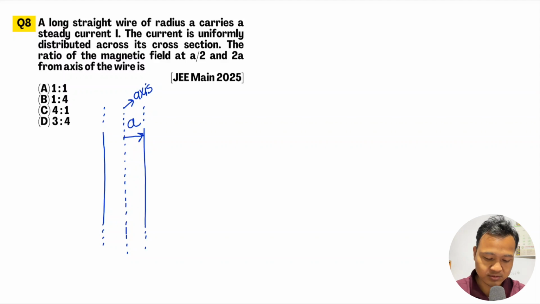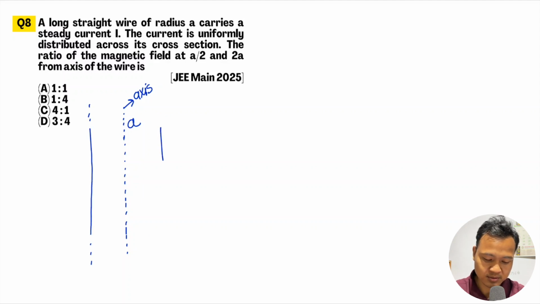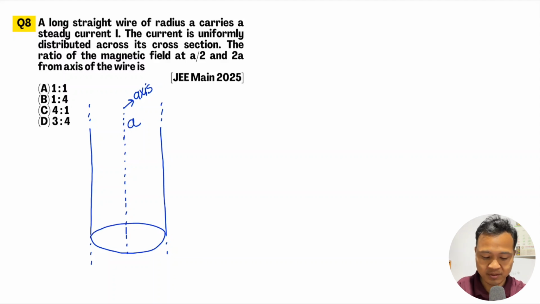So let's say the wire is this big, a cylindrical wire, where the radius is a. I need to find the field at a by 2.